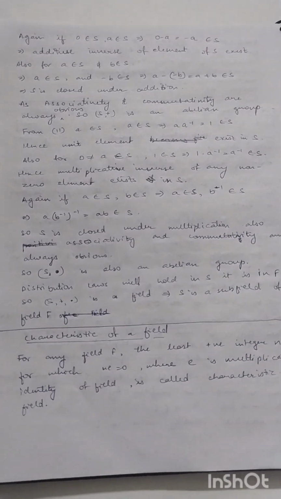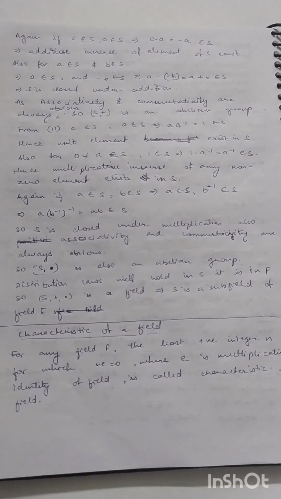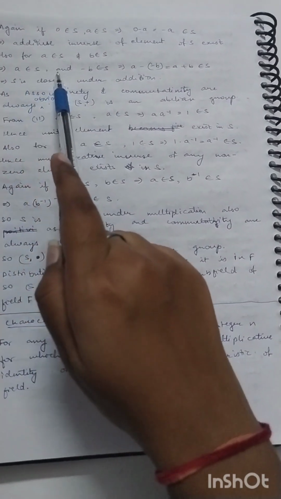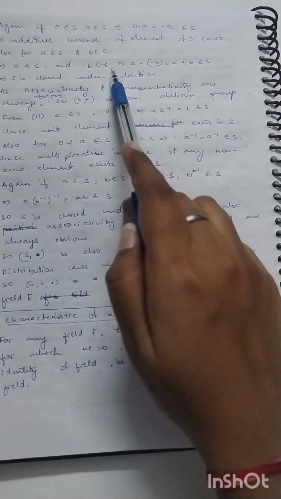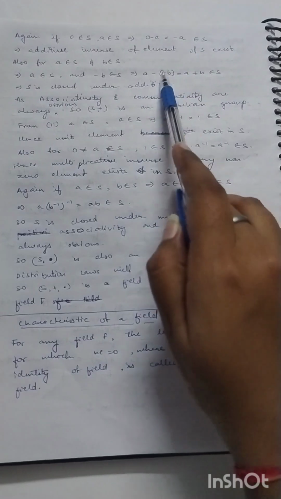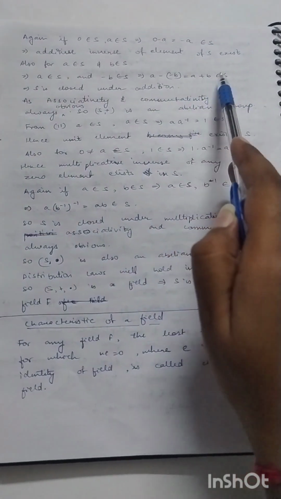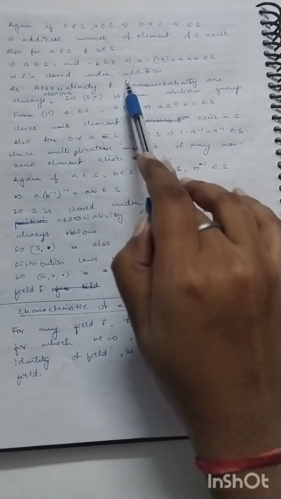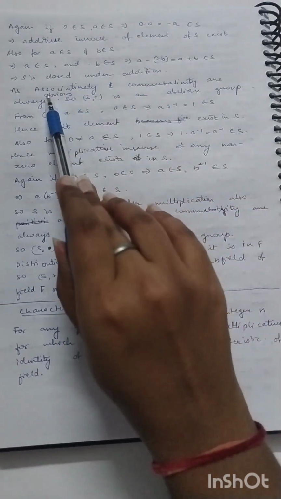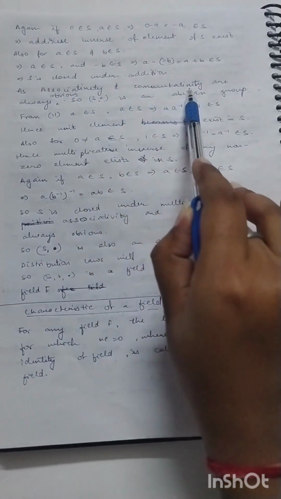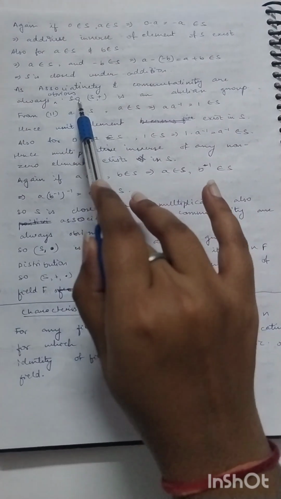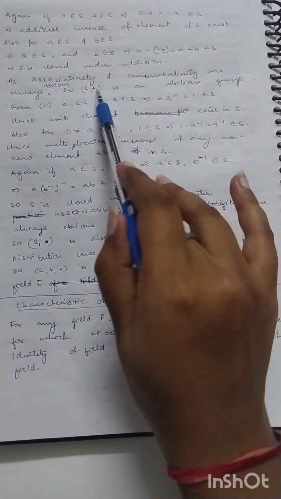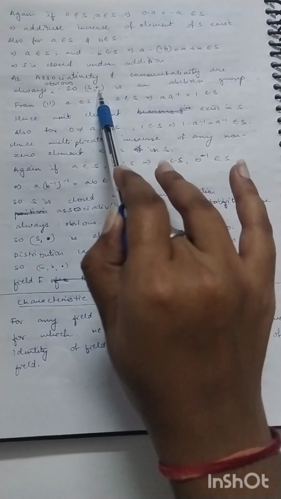Also, for a belongs to S and b belongs to S, this gives a belongs to S and minus b belongs to S, gives that a minus (minus b) is equal to a plus b belongs to S. This shows that S is closed under addition. As associativity and commutativity are always obvious, so (S, +) is an abelian group.